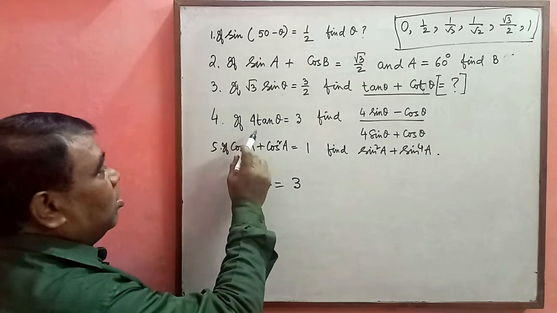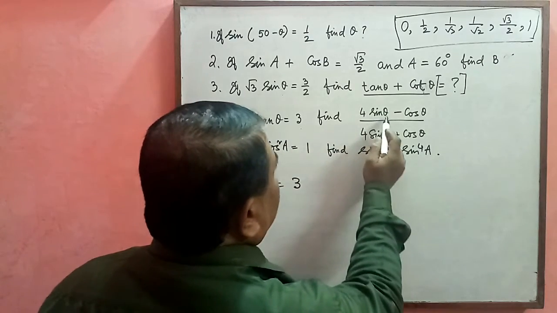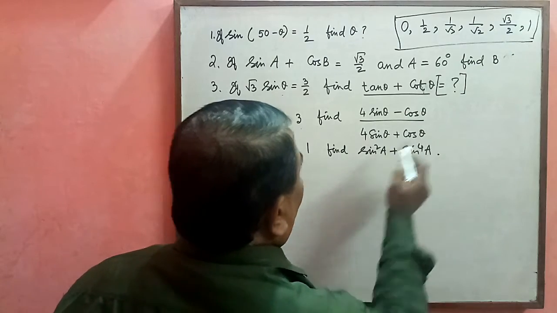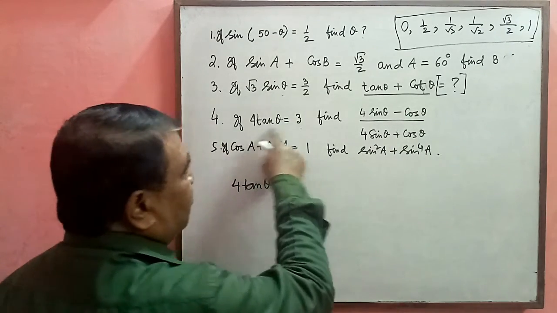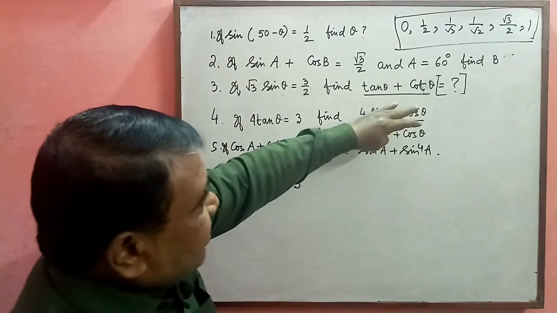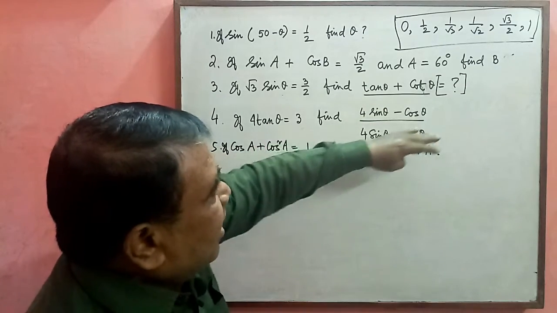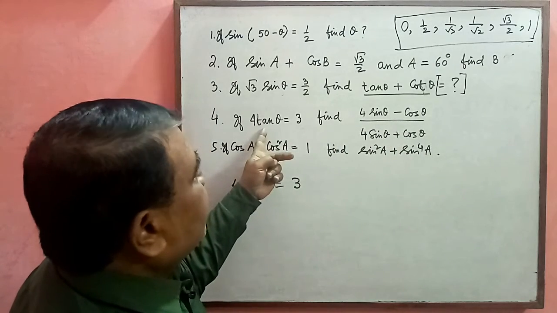Now, if 4 tan theta is equal to 3, find 4 sin theta minus cos theta upon 4 sin theta plus cos theta. Now here is a thing: if I divide the numerator and denominator by cos theta, then we will have tan theta directly.